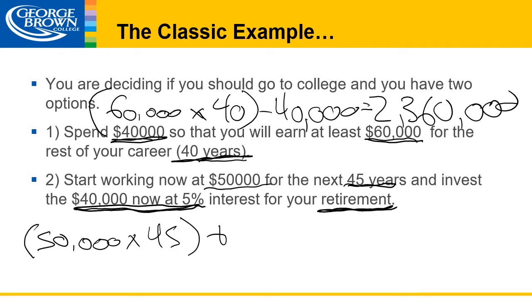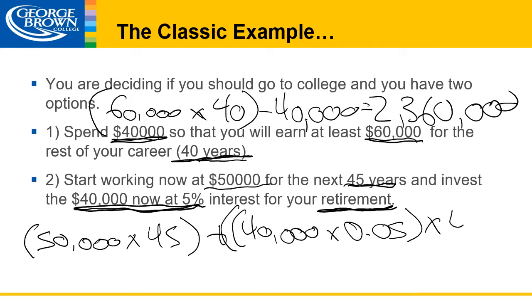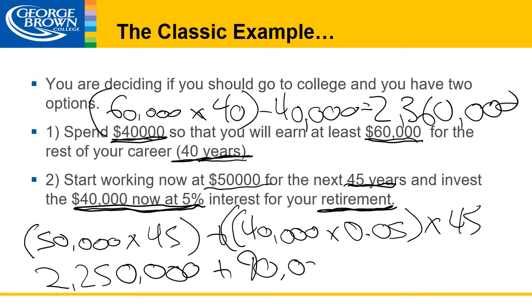Plus 40,000 multiplied by 0.05 multiplied by 45 years. You add that together. Let me see what this is. 50,000 times 45 years is 2,250,000, plus 40,000 multiplied by 0.05 gives us 2 grand, multiplied by 45 years is 90,000.